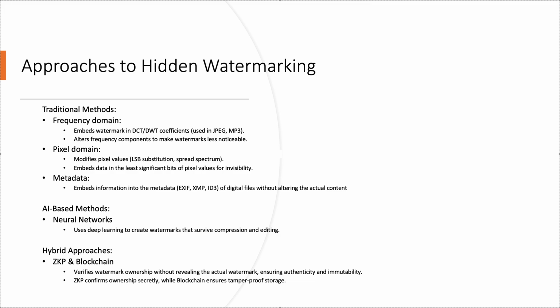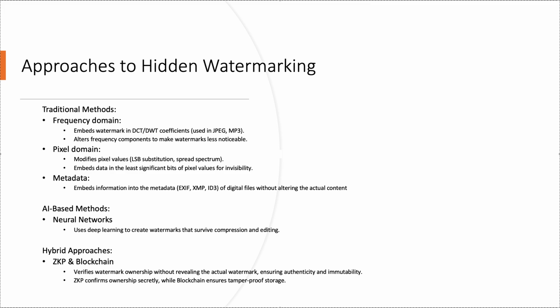What we do is embed the watermark by carefully altering these frequency components or coefficients. The beauty of this approach is that changes in the frequency domain are much less noticeable to human perception than direct changes to pixels or audio samples. It's robust against common operations like compression and filtering.